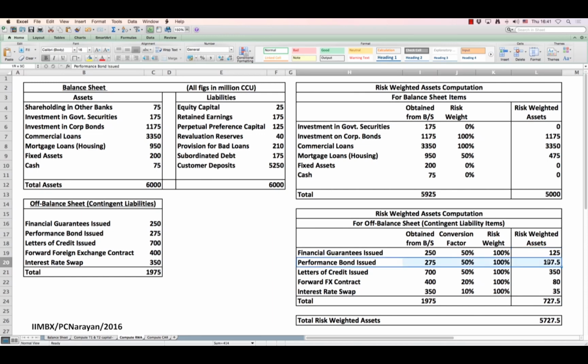It is the same computation that we have done for each of these lines, and therefore the total risk weighted assets works out to 727.5 as against an off balance sheet number of 1975.